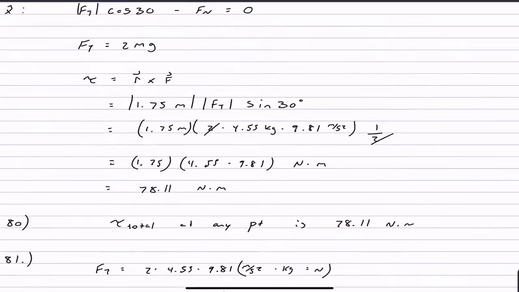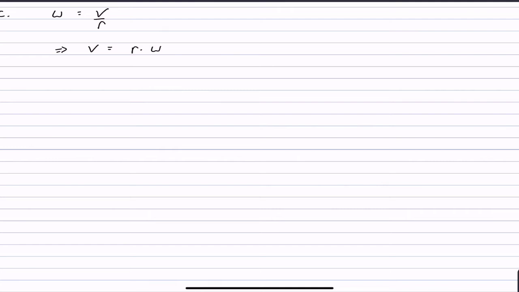So for each particle, let's call this v1 is equal to, it's 2.5 radians per second for all particles, right? So this is going to give you 2.5 times 2 meters, and that's equal to 5 meters per second.